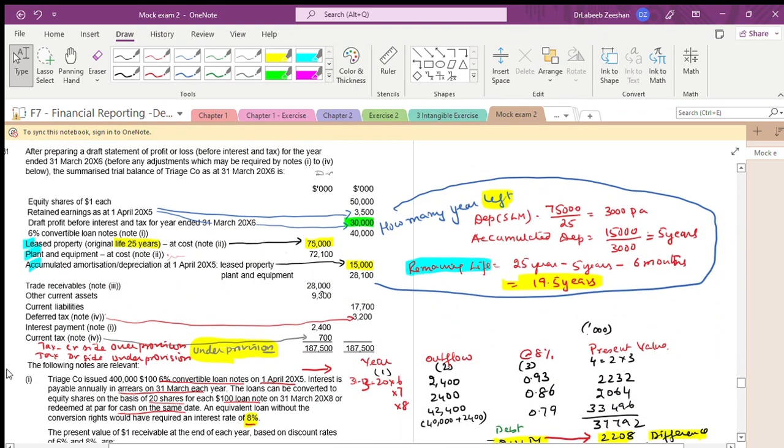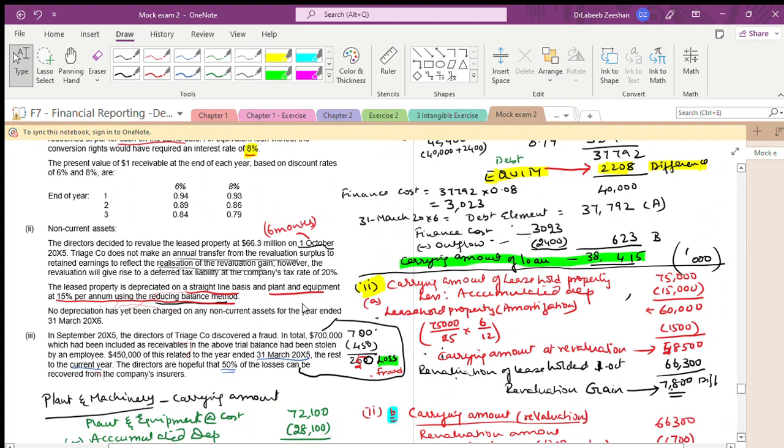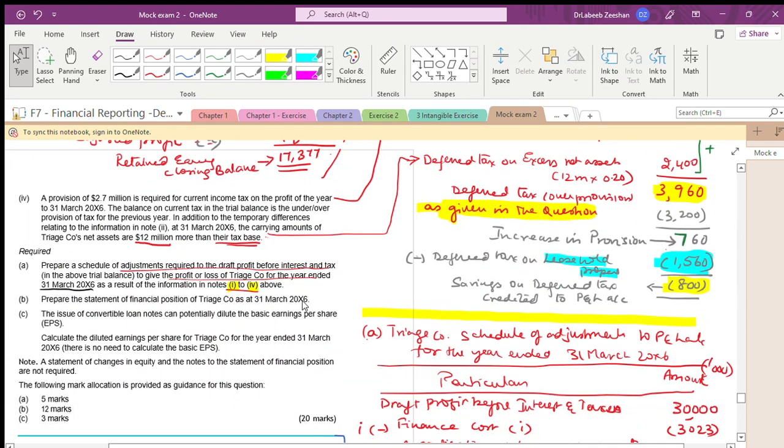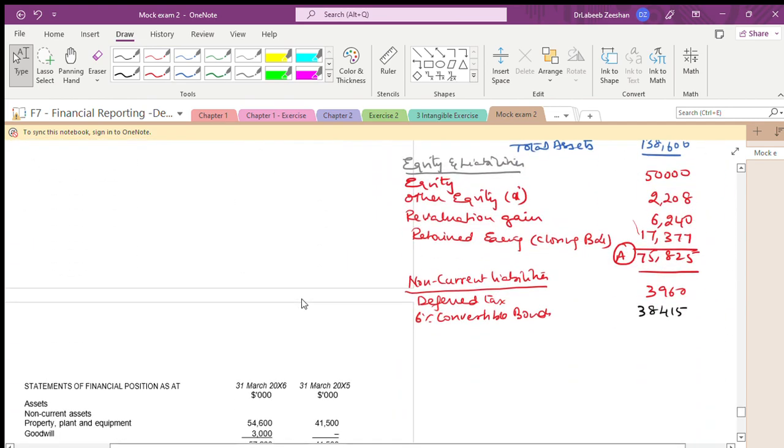You have current liabilities. Current liabilities are 17,700.